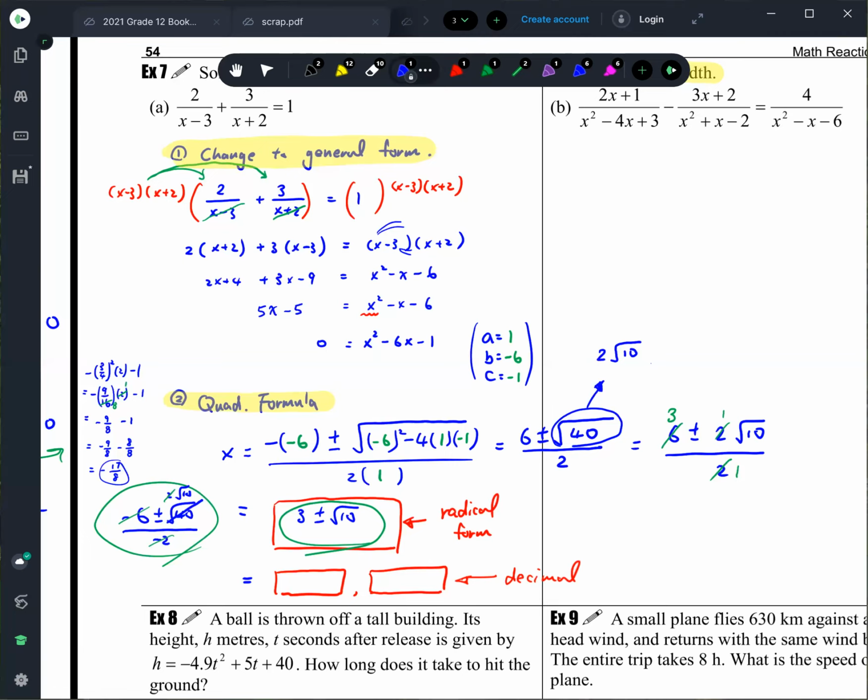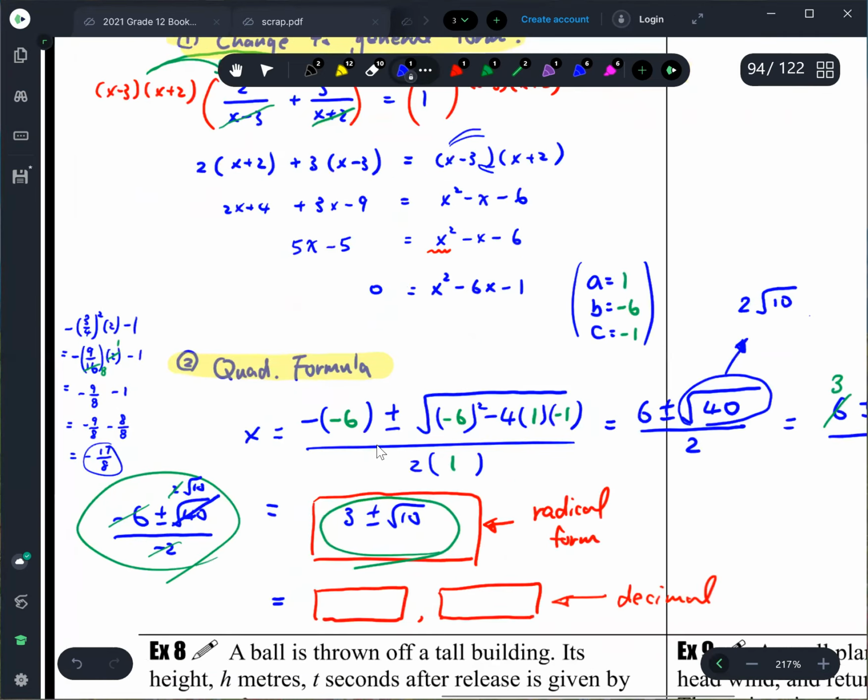Okay, square root 10 is about 3 point something, right? So the first answer should be... Kat, what's your first answer? I think I did it wrong.